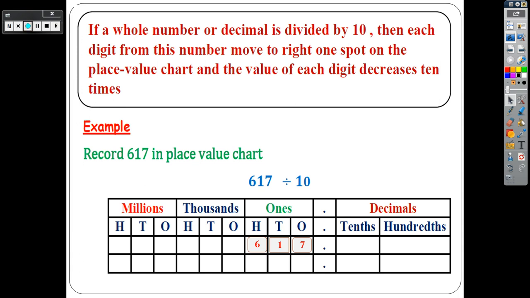So the 6 will be in the tens place, 1 will be in the ones place, and 7 will be in the tenths place. So the result of this operation will be 61.7.